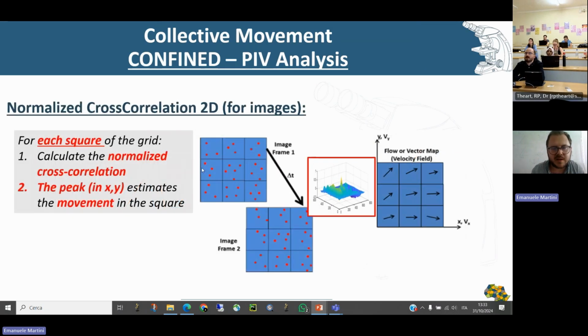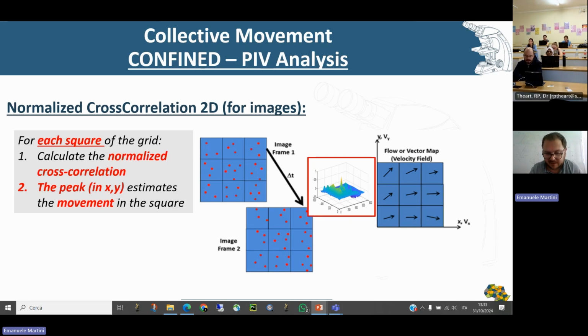Here, you can see that you have 2 directions, because an image is X and Y, so you have 2 dimensions, but the principle is really the same. So for each of these squares, you can apply a similarity function. In our case, we are using normalized cross correlation. When you find the highest value in X and Y, it will be where you have the maximum similarity.